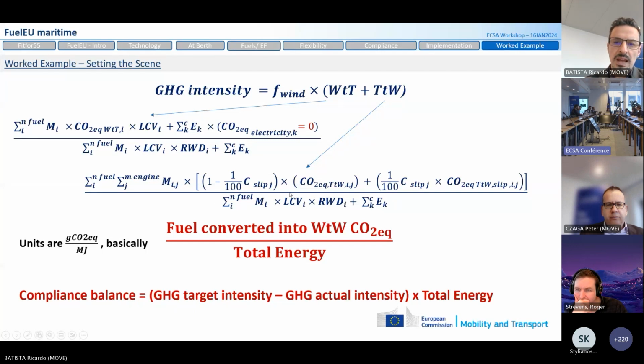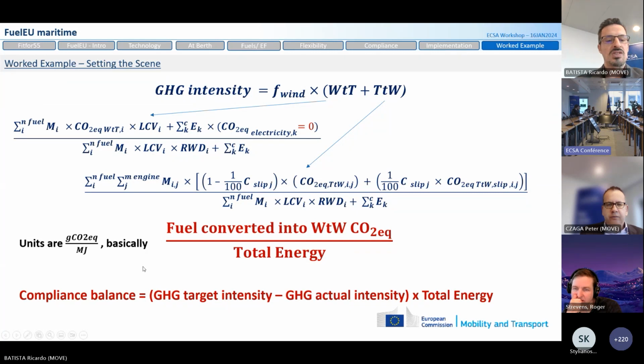As far as the tank-to-wake part is concerned, we have a formulation that takes into account the mass of fuel and the specific tank-to-wake emission factors associated to the energy converters. And here, the calculations include not only the combustion emission factors, but also the tank-to-wake slippage emissions and emission factors associated to specific energy converters.